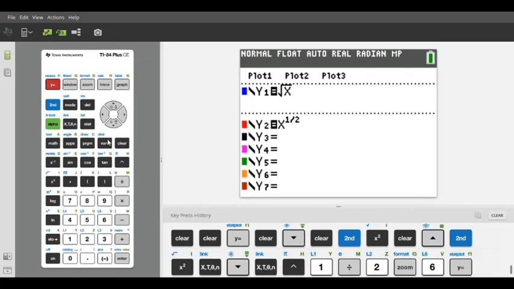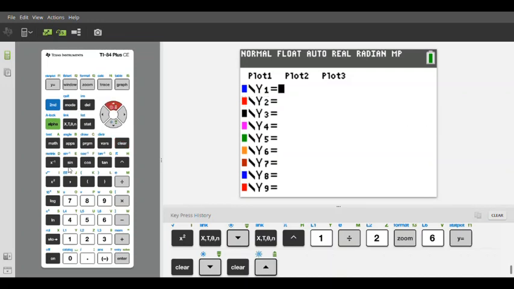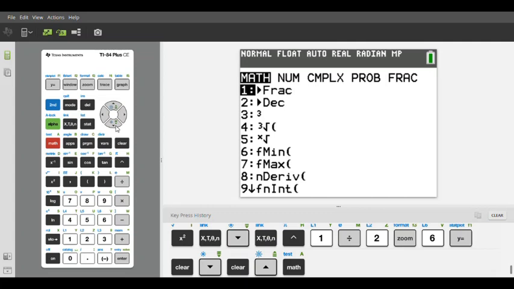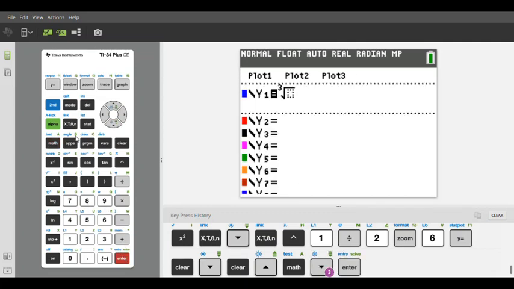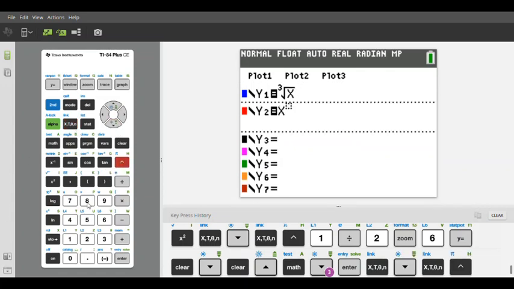If I come over here, clear this out, and do the third root of x, so to do that I'll do math. You can use the third root of x, or x raised to the 1/3.